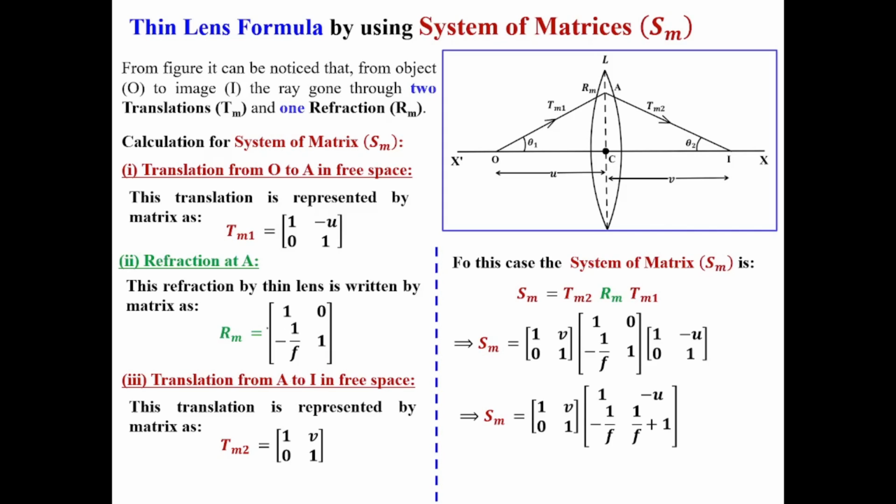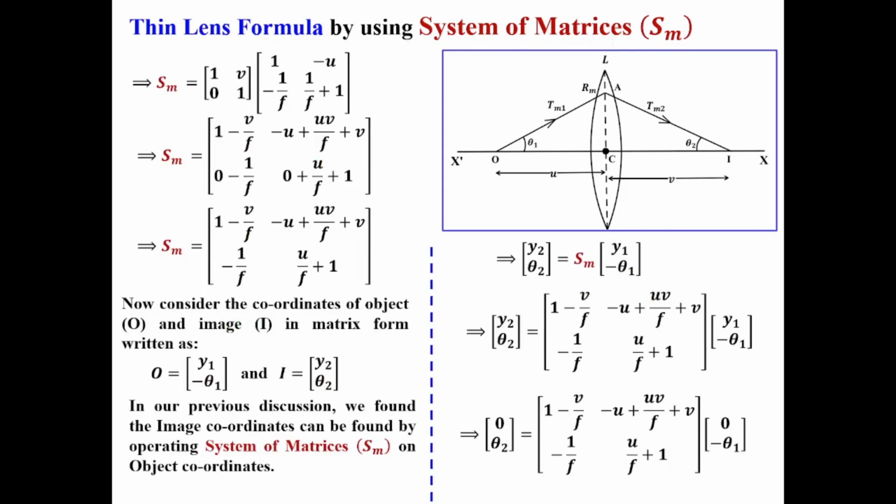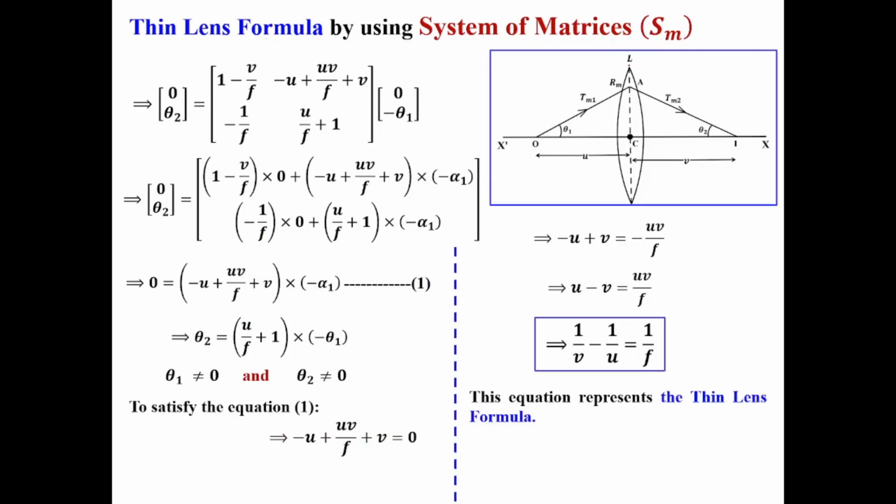Now consider today's topic, thin lens formula by using system of matrix. Here thin lens formula means this one. If this is your thin lens, then the thin lens formula is 1 by v minus 1 by u equal to 1 by f.